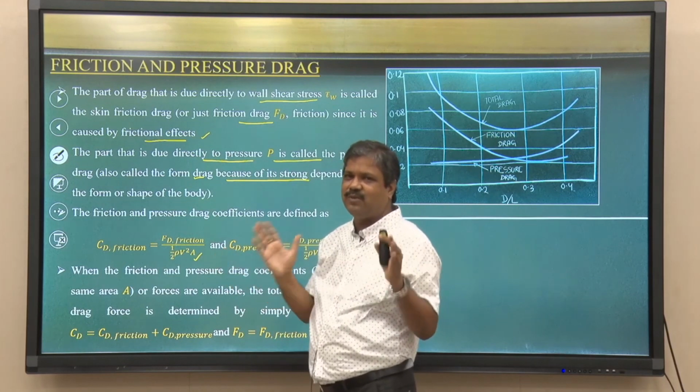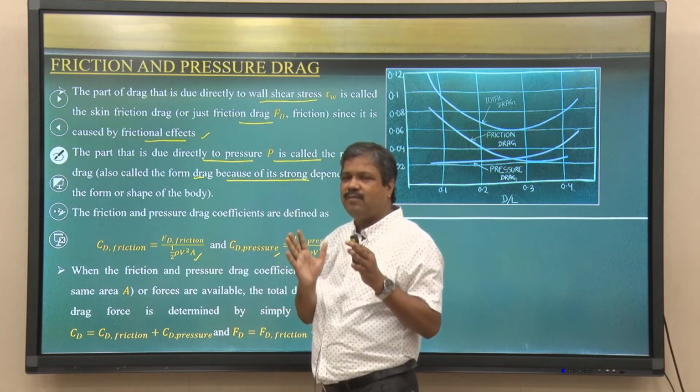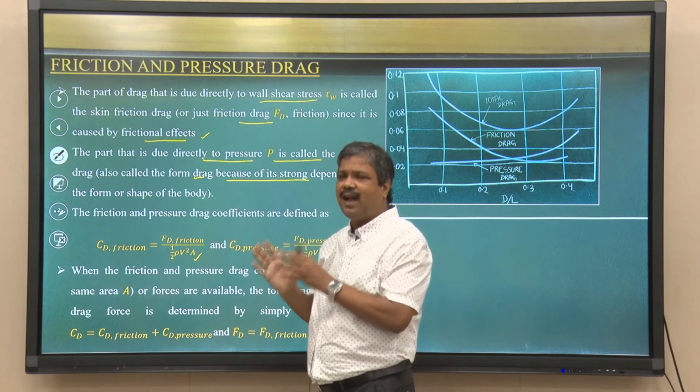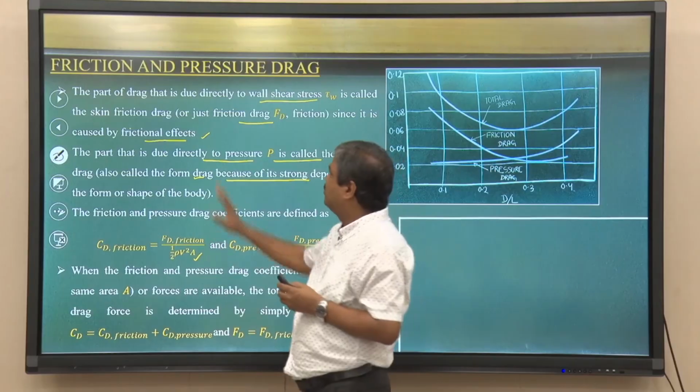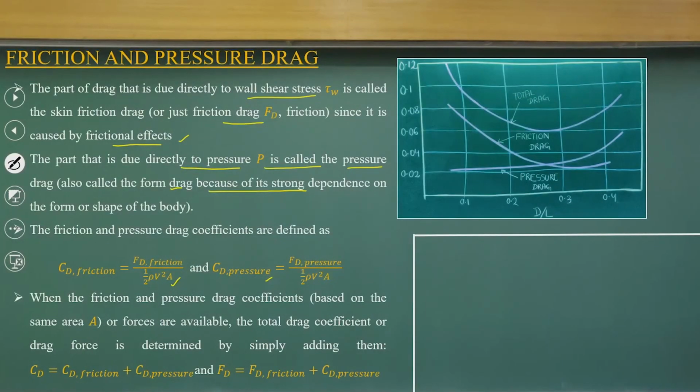That is the difference between the drag coefficient and the coefficient of friction. The coefficient of friction talks about what is coming because of the frictional effects, and this is due to the pressure drag because of form drag, as it depends upon the shape. So, that is what we define.